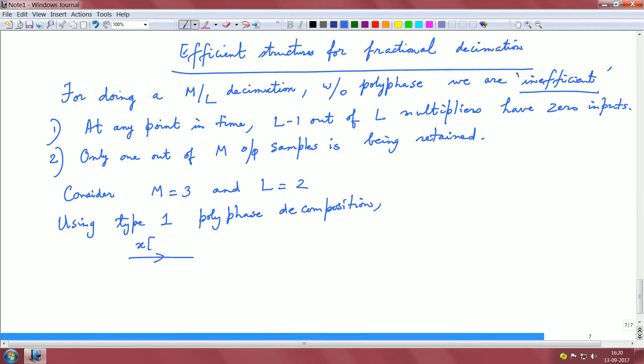We have x of n, a discrete time signal, and we upsample this by 2. Now we have 3 branches. Because it is a type 1 polyphase decomposition, we look at it from the decimation filter perspective. So we downsample by 3, and feed this to a filter which is E0 of z. There is a delay here.